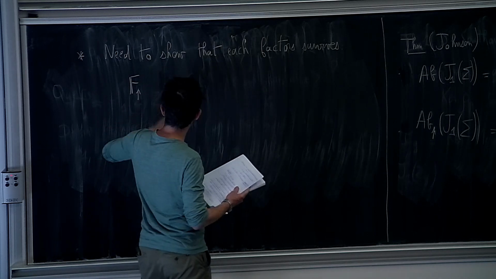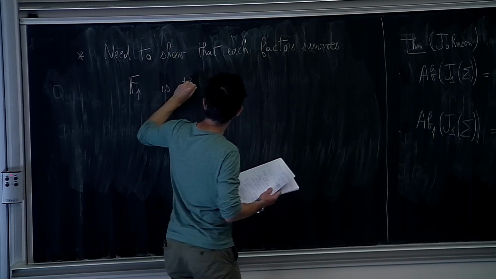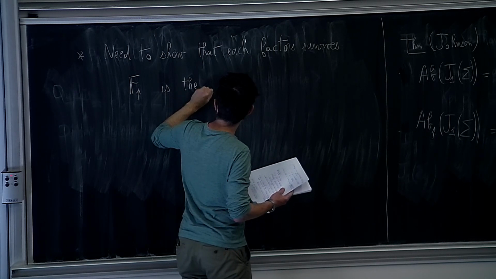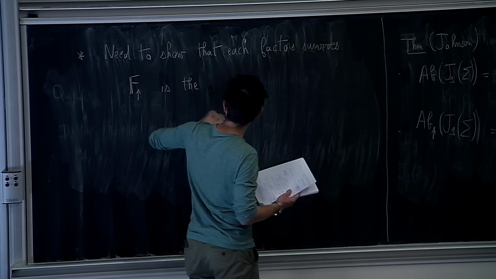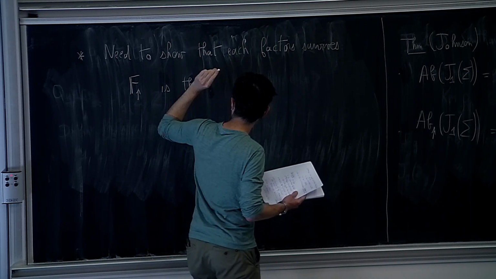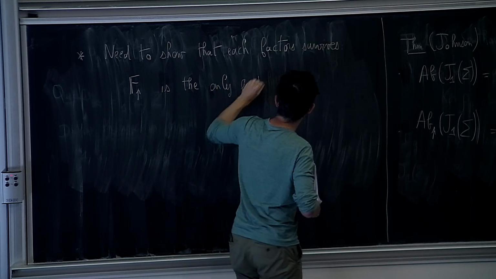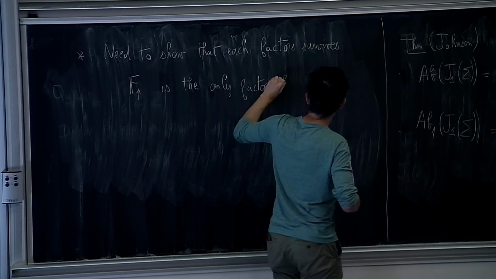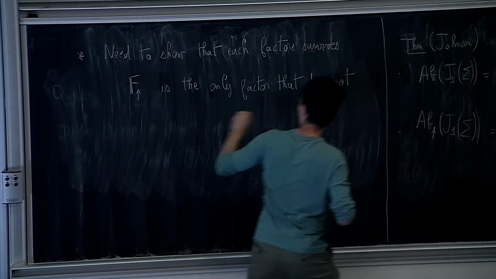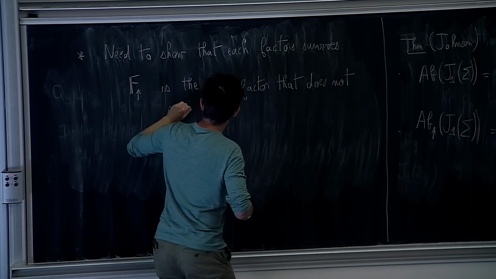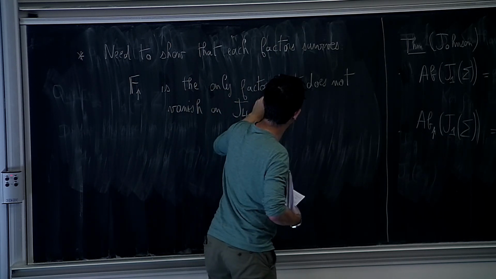So here I say that F_p is the only factor that does not vanish on the fourth Johnson subgroup.